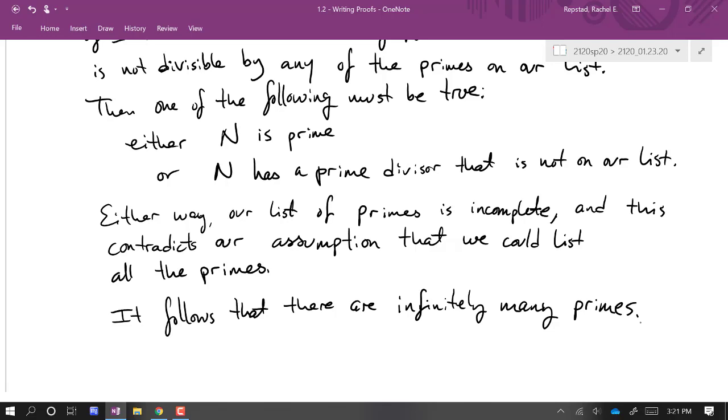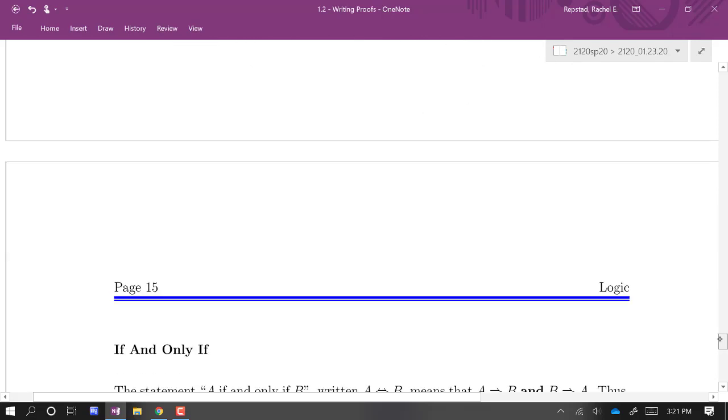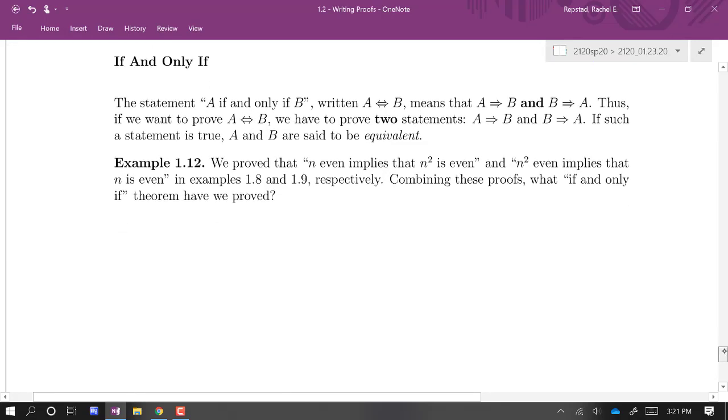The last thing I want to talk about today when we're writing proofs is the if and only if. All the proofs we've written have been if then, right? If A, then B. If you're writing an if and only if, which we can denote with the double arrow, that each implies the other, you have to write two proofs.